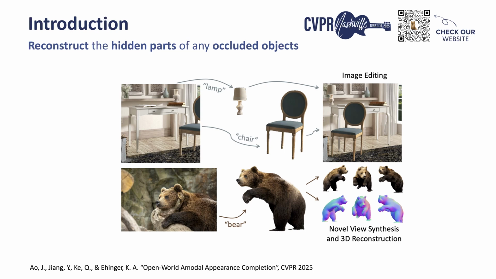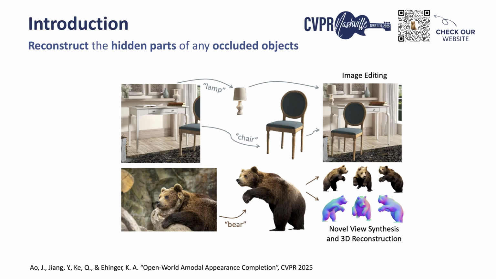Ideally, Amodal completion should be able to infer and generate the missing part of any object, regardless of its category or context. However, most traditional methods struggle with this challenge because they're designed for closed-world settings, where object categories are fixed and predefined.